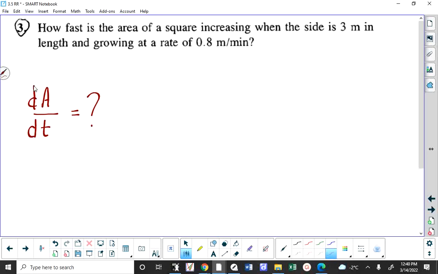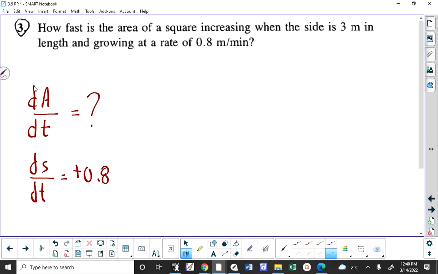That's what you're asked to determine. So that's a rate of change that you're asked to find. Now it says the side has a length that's growing at a particular rate. So you're given, I'll use s for side, ds/dt is positive 0.8.